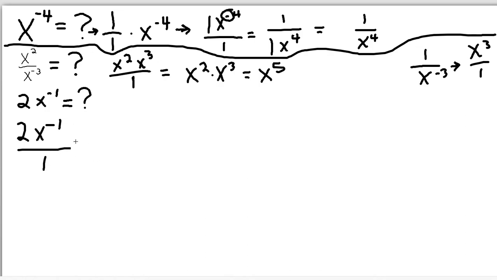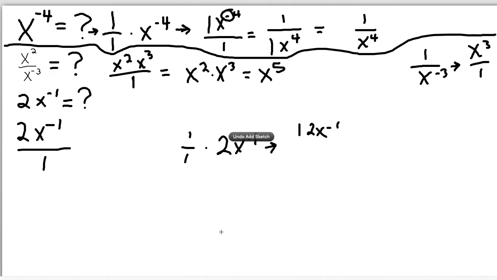Remember, in this instance, when we do that, we're just taking 1 times the equation that's already there. So essentially this becomes 1 times 2x to the negative 1 over 1, but we're just not representing this 1.